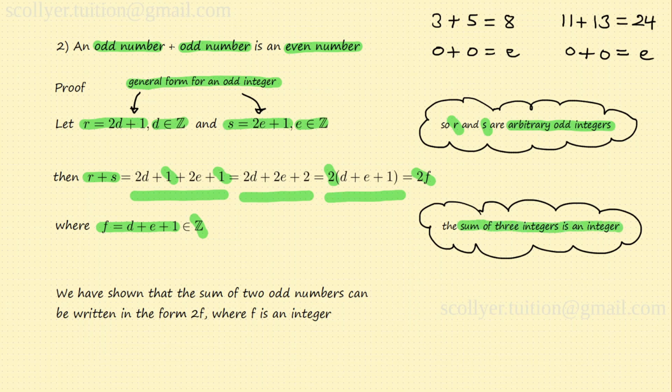And so we have shown that the sum of two arbitrary odd numbers can be written in the form 2 times f, where f is an integer, i.e. we have shown that the sum of two odd numbers is an even number, as required.